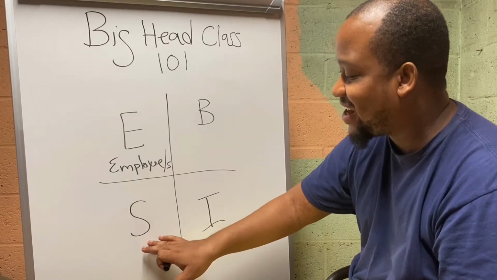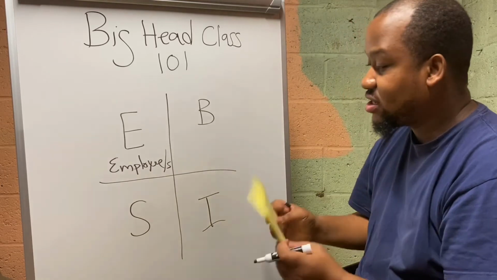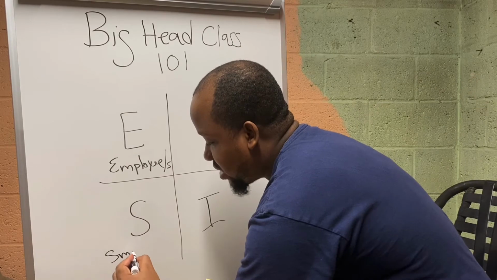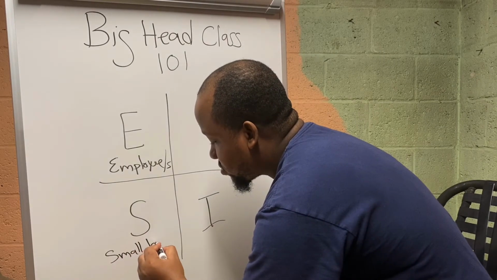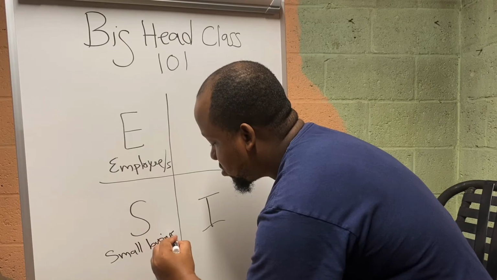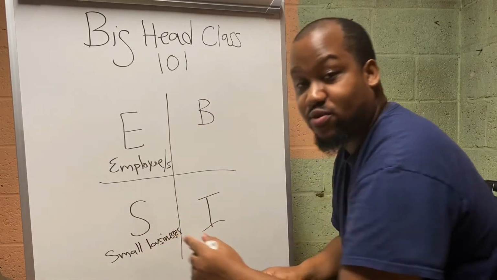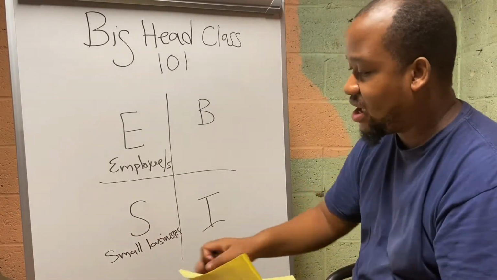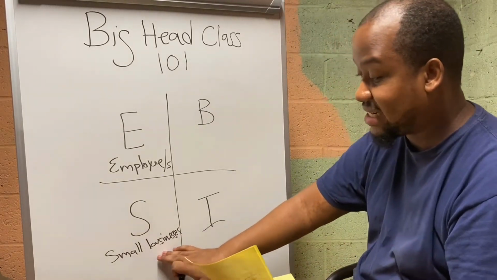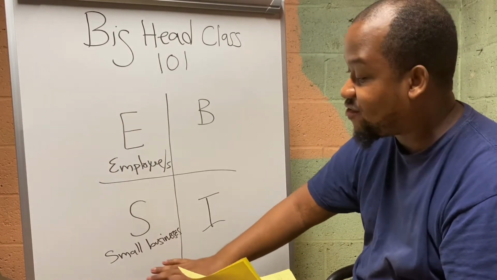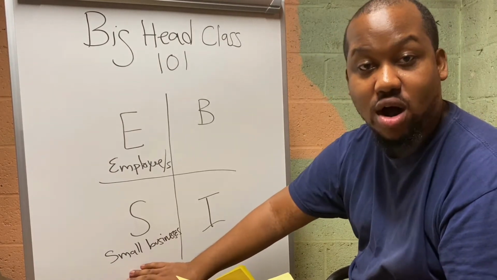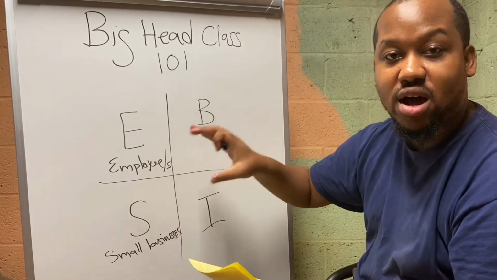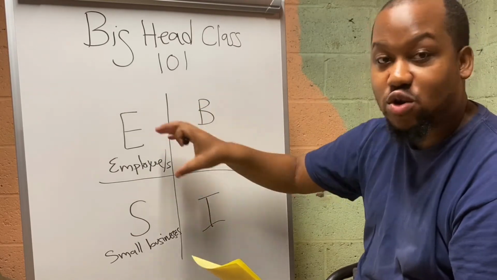The S quadrant stands for small business, or small businesses if you're into proper English. They have self-employed, small entrepreneurs, small specialists. I'm going to give you an example of each one of those people in those quadrants.